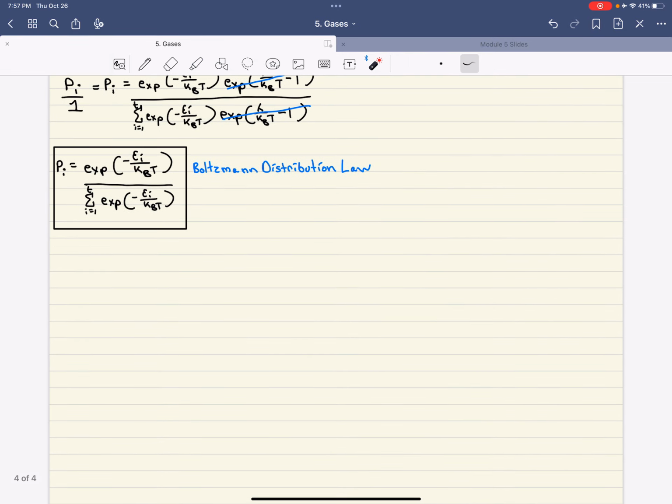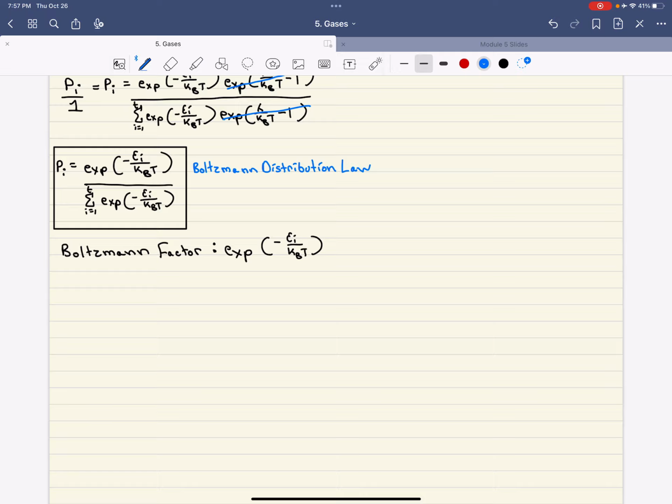So in the numerator, we have this exponential term. What you'll typically see in the literature is that anytime you have a probability distribution based on an exponential with some sort of energy in it, that's known as a Boltzmann factor. Okay? So that's just what this is.